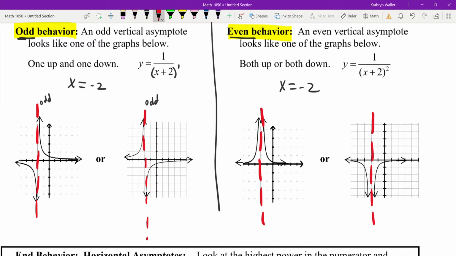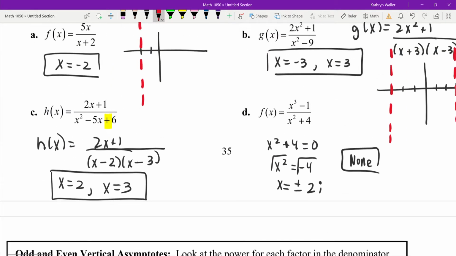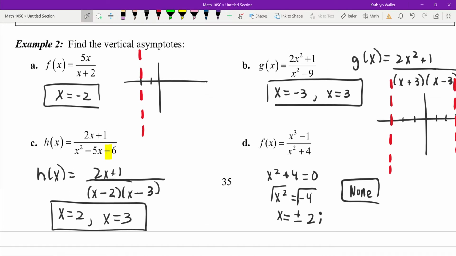Now, go back to the problems up above, and we're going to decide if these are even or odd. See this x equals negative 2? It came from this x plus 2. How many x plus 2's do you have? 1. 1 is odd. So that means one's going to go up and one's going to go down. This x equals negative 3 came from this x plus 3.